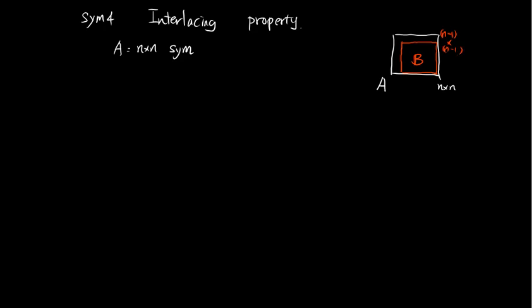Let's say B is an m minus 1 by m minus 1 principal submatrix. In fact, it can be here. It can also be the top left. It can just be something where we remove one column and one row of the same index. Now, that's all the setting.